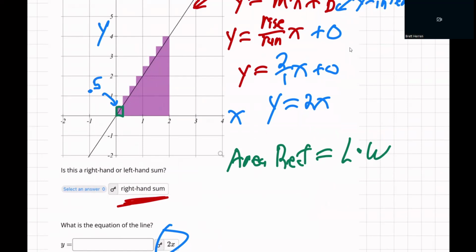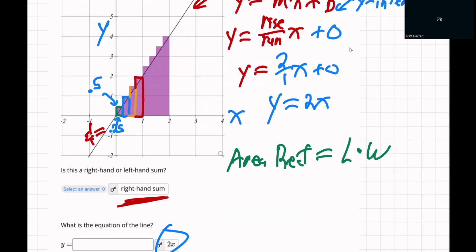It looks like the width is a fourth, or 0.25. How do I know that? Well, because there's four of them: number two, number 3, and number 4, all the way to 1. So that's a quarter, which is 25 cents. Each of these rectangles has a width of 0.25.